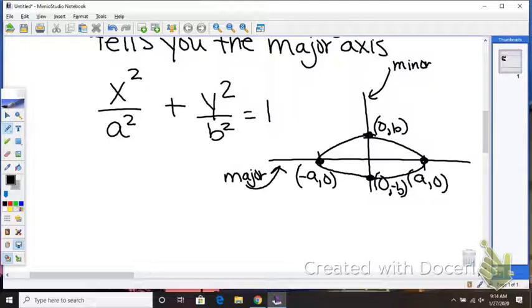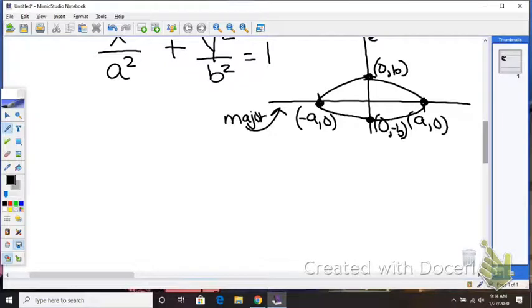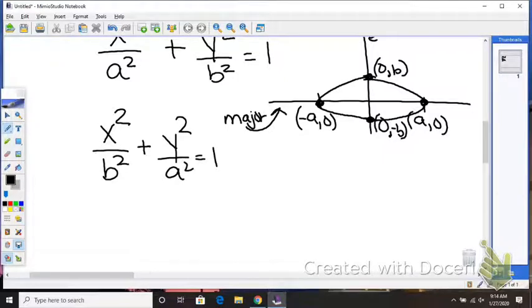So I said A is always the bigger number. This time we're going to make this ellipse go up and down. So that equation looks like this: x squared over B squared plus y squared over A squared equals 1.